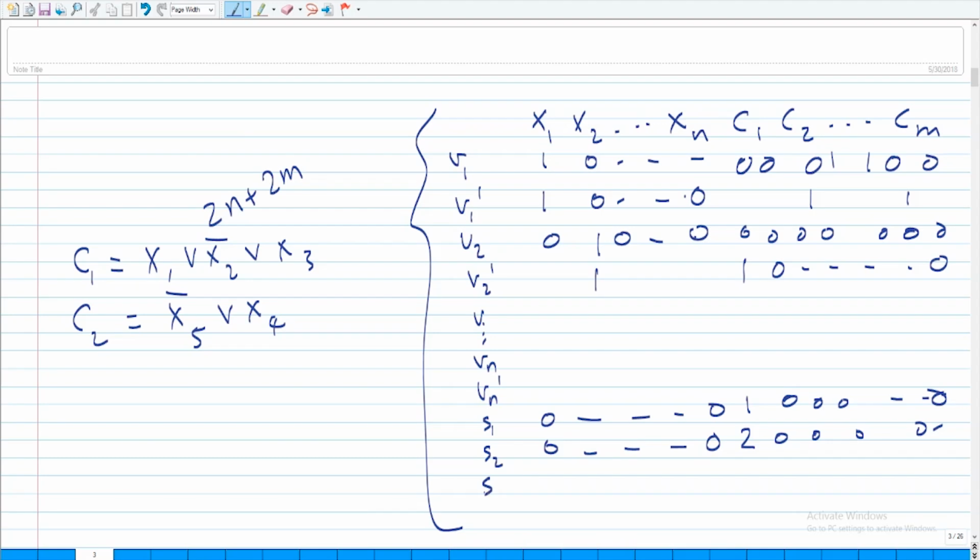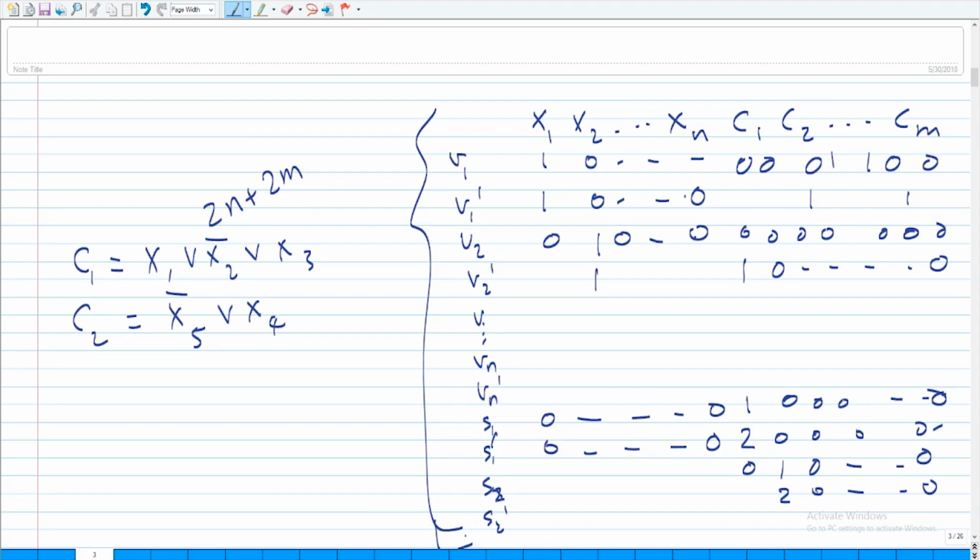Similarly, S2 will have 1 in the C2th position, and S2 prime will have 2 there. That is my set of numbers.